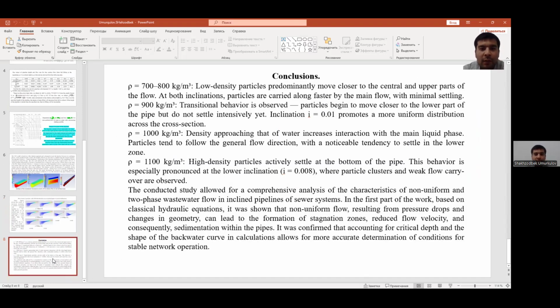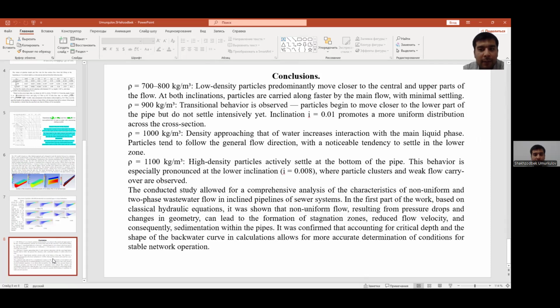In conclusion, low density particles predominantly move closer to the central and upper part of the flow. At both inclinations, particles are carried along faster by the main flow with minimal settling.